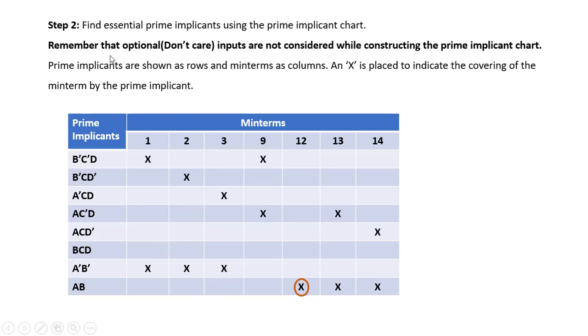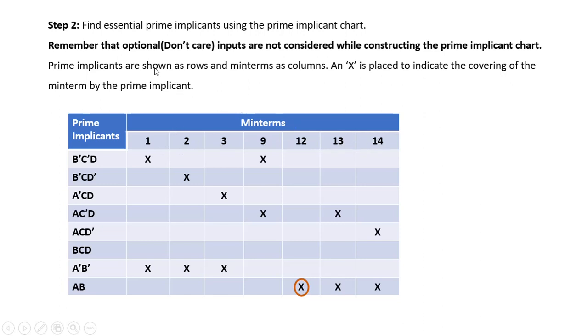Remember one thing, that don't care inputs are not considered while constructing the prime implicant chart. Don't care terms are considered only for the grouping, for pairing, as in K-map we also consider don't cares only if they are helping in grouping. So we have taken only minterms here, not the don't care terms.